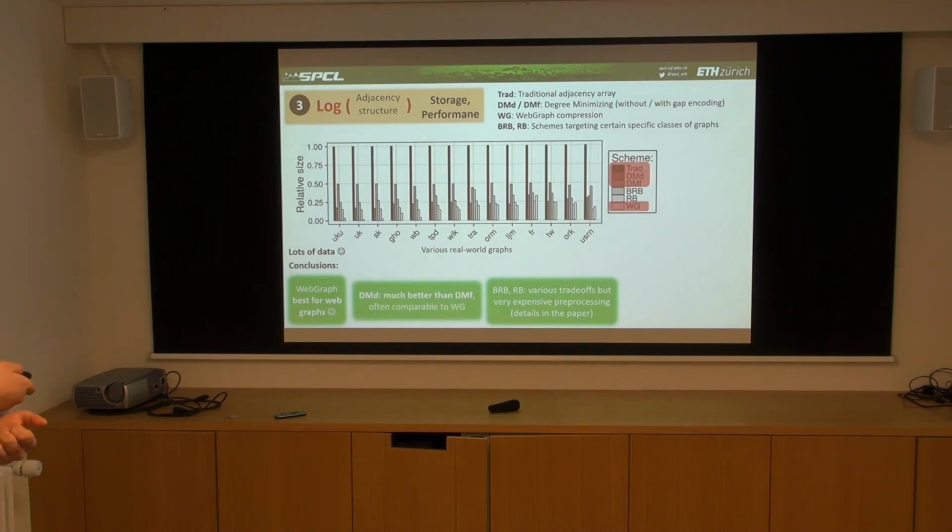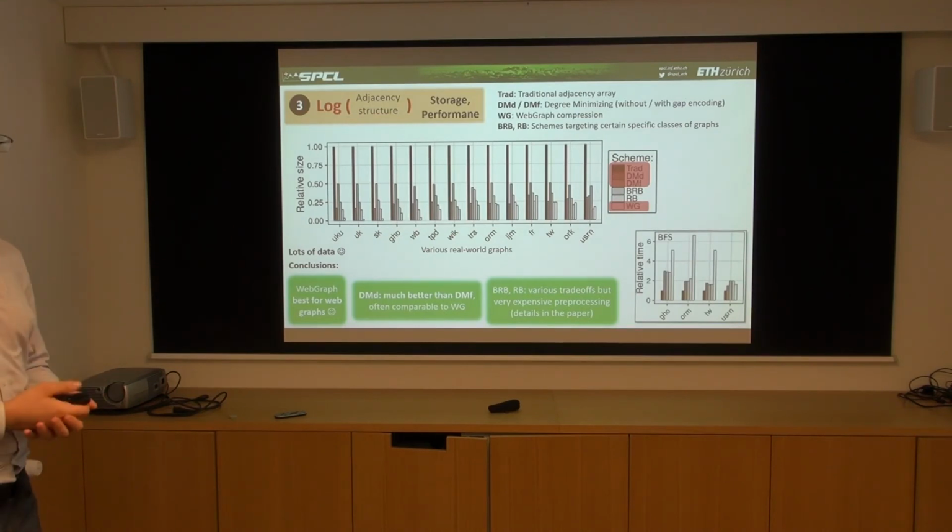What is then interesting is that DMD is much better than DMF. So the one that uses gap encoding is much better than the one that does not use gap encoding, and it's often comparable to WebGraph. So in addition, in terms of performance, we run different graph algorithms on this compressed representation. In this example, it's BFS, and we can see that while being comparable or slightly worse than WebGraph in terms of compression, these degree minimizing schemes are almost always much better in terms of performance.